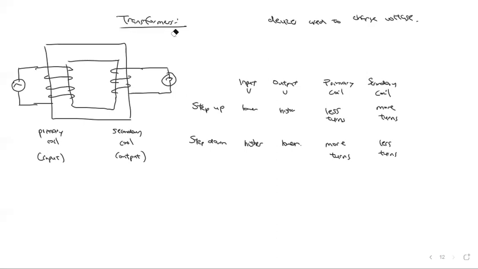And that affects your current on the primary side and your current on the secondary side. Because you stepped up the voltage, that means the current went down. So this will be a higher current and a lower current, and this will be a lower current to give you a higher current.